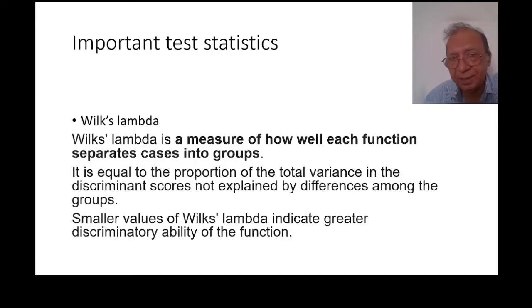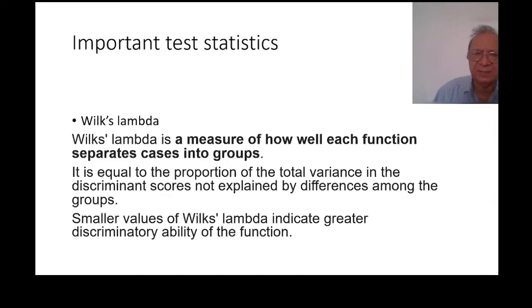What are the important tests? First one is Wilks' lambda. Wilks' lambda is a measure of how well each function separates cases into groups. It is equal to the proportion of total variance in the discriminant scores not explained by differences among the groups.